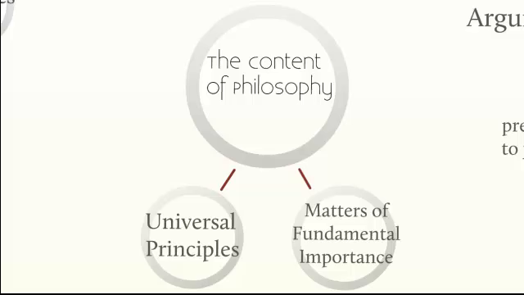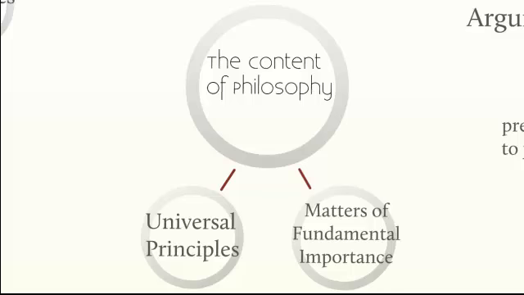So when we talk about philosophy, there are two things that come into place. One, we have universal principles that they can look at, such as death. That's something that applies to everyone. Or matters of fundamental importance. So could be controversial issues of the day, abortion, death penalty, gay marriage, etc. And so there's two different ways that you can go about looking at these things.